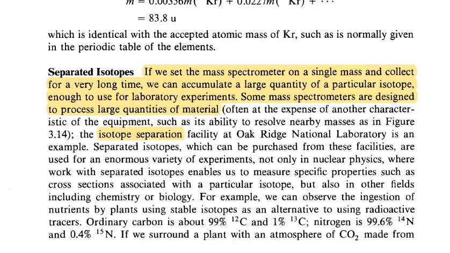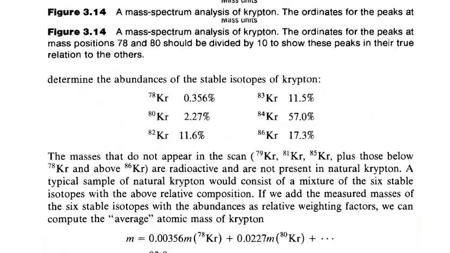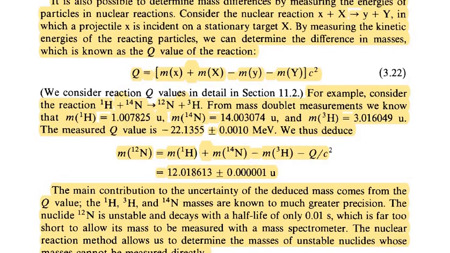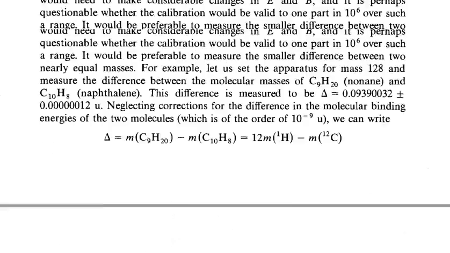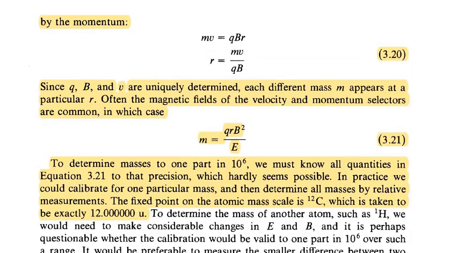Similarly, if we set the mass spectrometer on a single mass and collect for a very long time, we can fix the electric and magnetic field. By controlling the electric and magnetic field, we can control the R, and by controlling these values we can fix the mass, right?